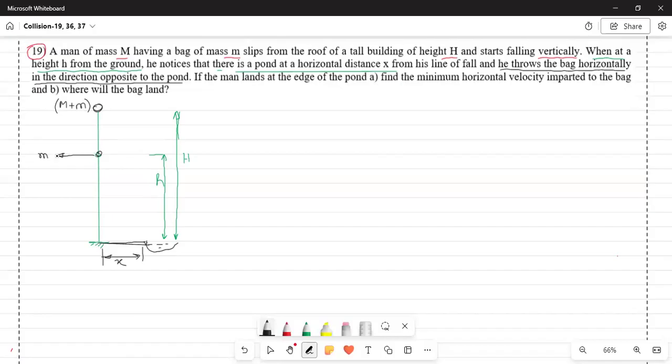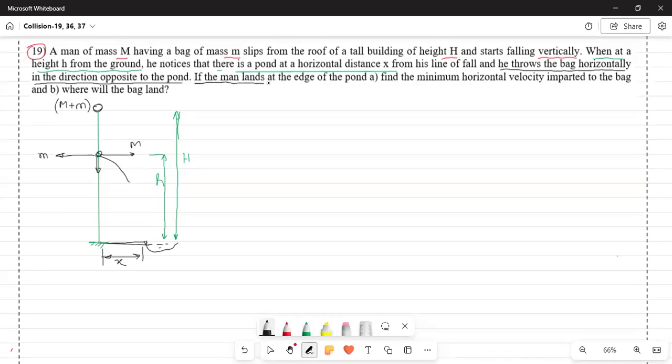The small m part is given a velocity in this direction, and definitely the capital M part will go in the other direction. If the man throws the bag forcefully enough in the opposite direction, the man will have a horizontal momentum. At this point, the man will have a vertical attraction due to gravity as well as horizontal motion, so he will start falling in a parabolic path.